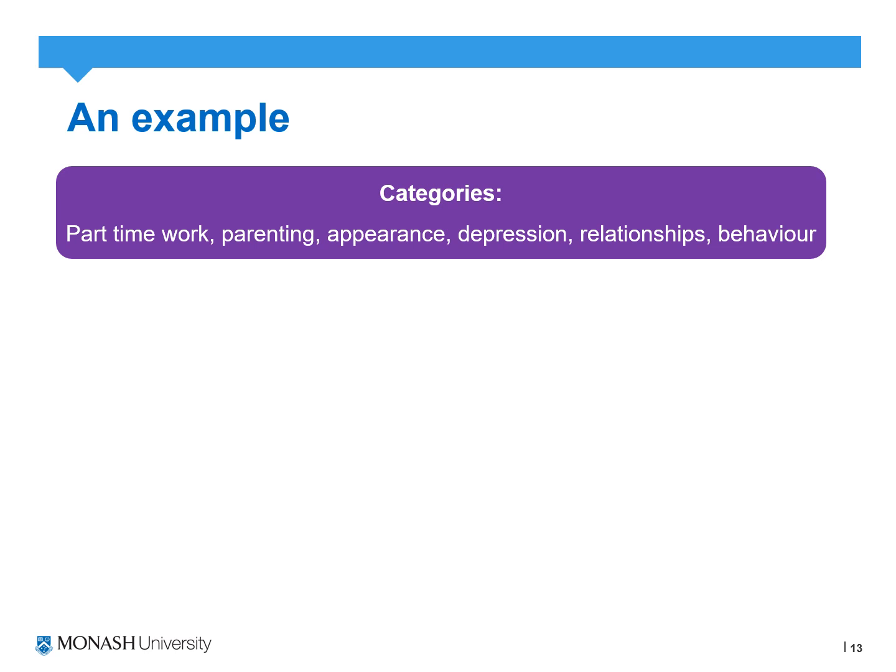From that, we can then identify several categories just from that one little transcript that keep on occurring. So we've got issues relating to part-time work, parenting, appearance, depression, relationships, and behaviour. The next aspect, once we've done our open coding, is to do our axial coding and then hopefully have a central code. In doing so, they all seem to relate around this issue of mental health.